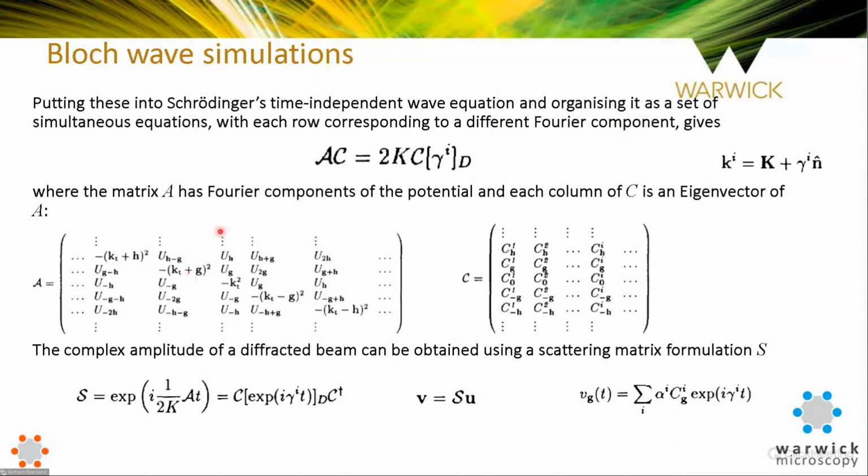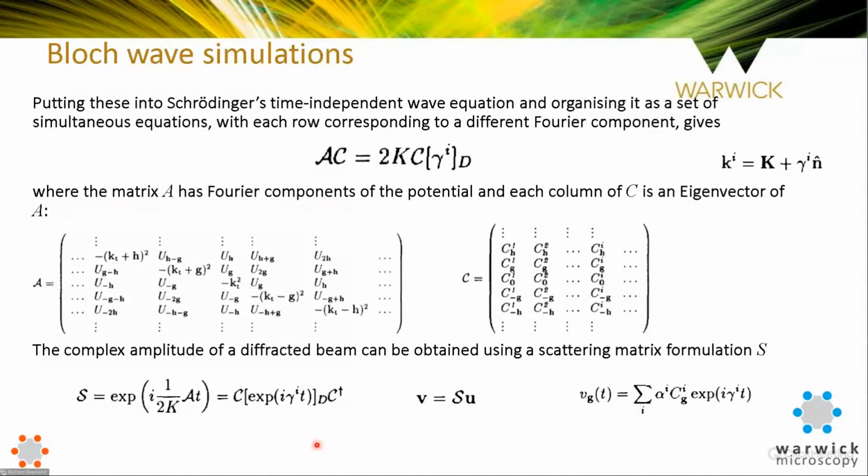You have the Fourier components of the potential, and C is an eigenvector of A. The key thing here is that down the diagonal is where you encode the crystal orientation. Crystal orientation gets encoded through the relative component of the K vector and that perpendicular to the surface.